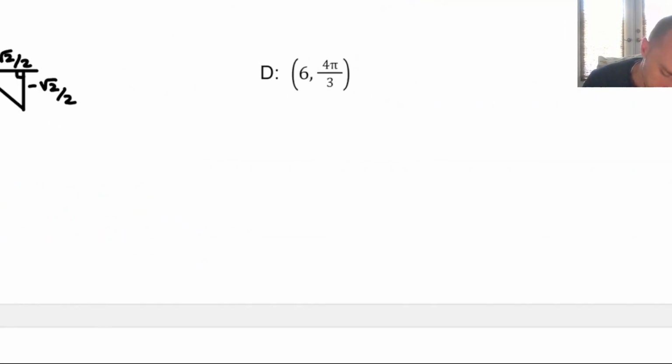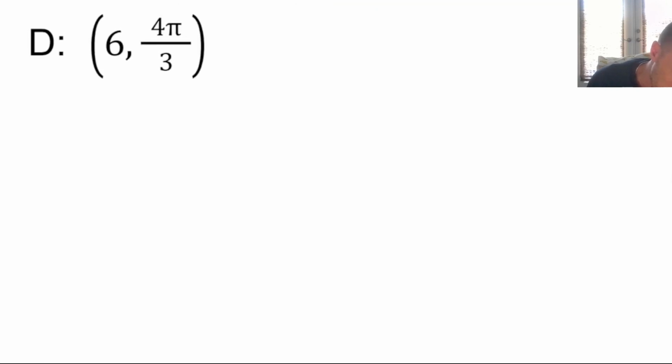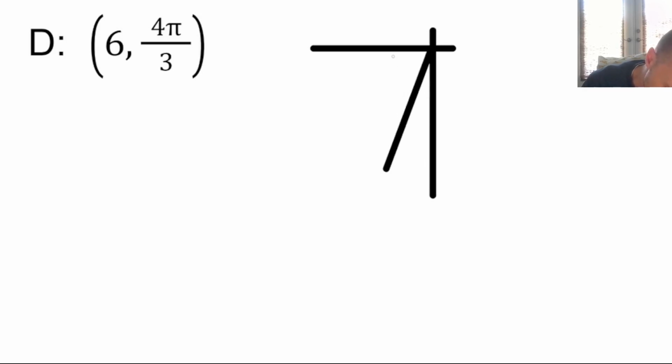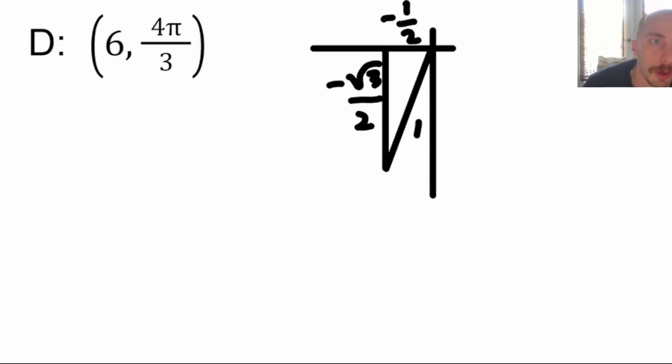And D, here we are, 6 and 4 pi over 3. 4 pi over 3 is in the third quadrant, just a little bit beyond pi by pi over 3. All right, so that'll be negative 1 over 2. That would be negative square root of 3 divided by 2, and that'll be 1. Okay, so x is r cosine theta.